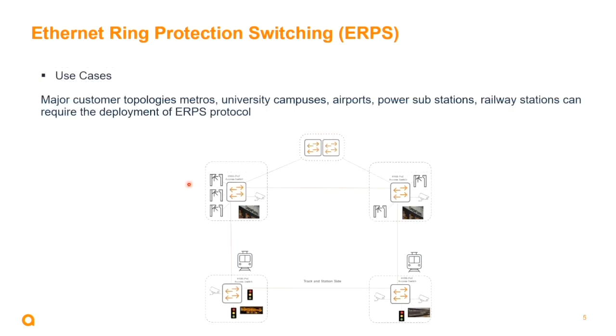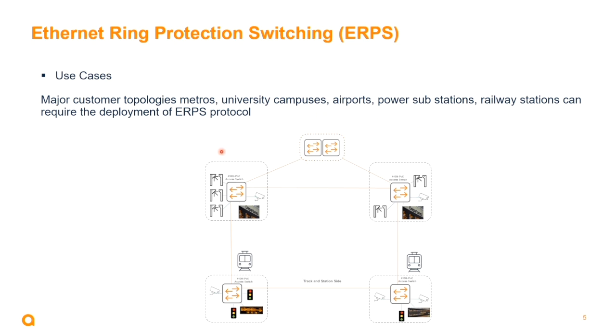So what are the use cases for ERPS? Effectively, we have major customer topologies that we think it's appropriate for. It's typically metros, university campuses, airports, power substations, railway stations, which can require this.